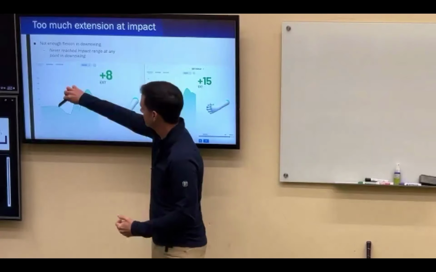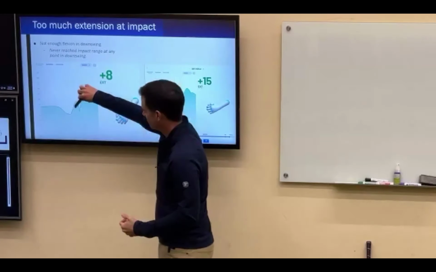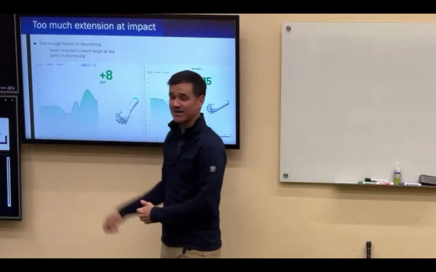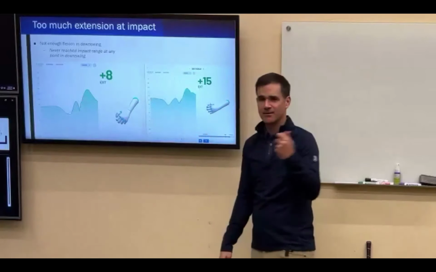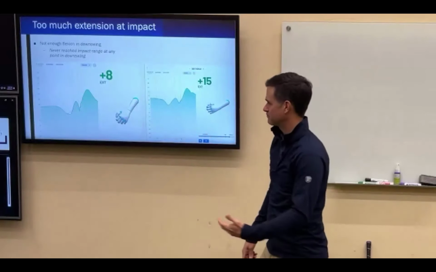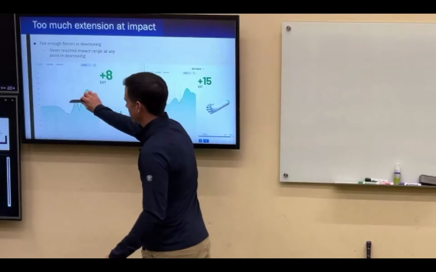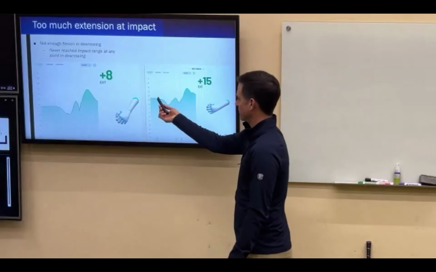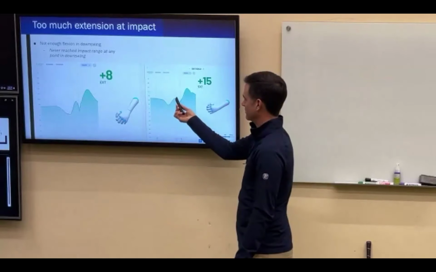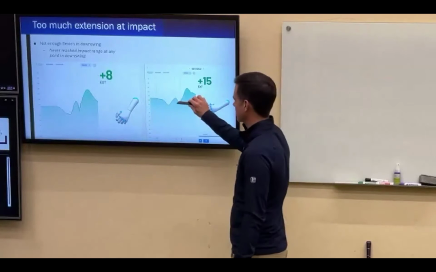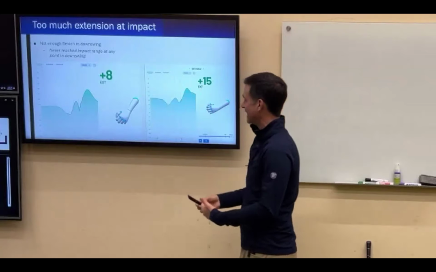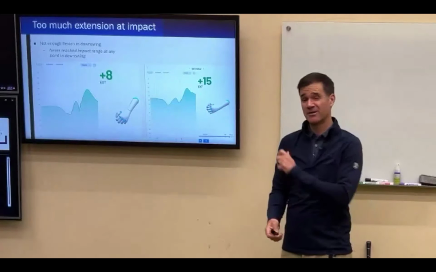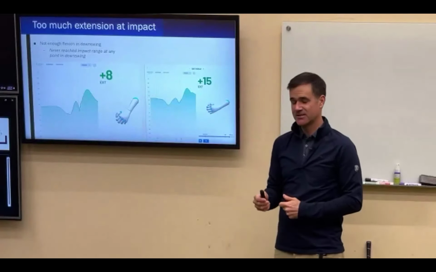Here's where they started, somewhere around plus 8, and then we can see at their peak they only got down to 0. So they only flexed it a few degrees compared to where they were at setup. Here's another case where again they're maybe flexing 10 degrees or so, and so at impact they're more extended than we want because they never got enough flexion.